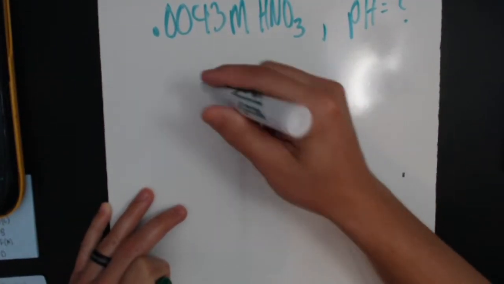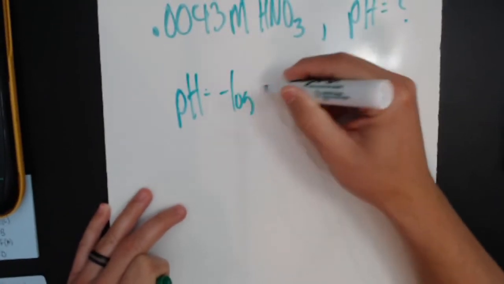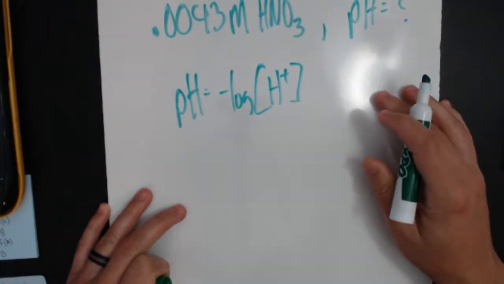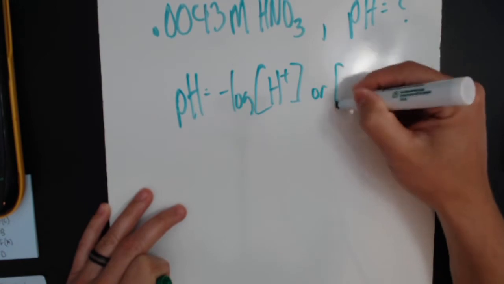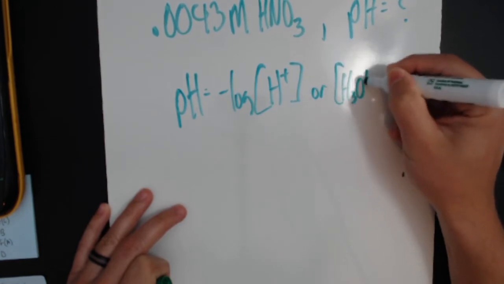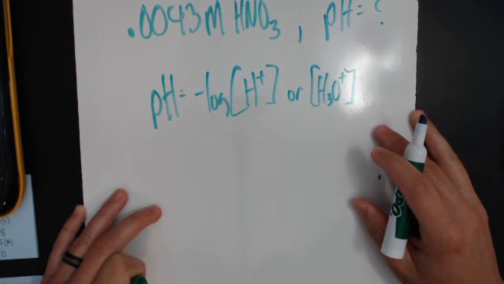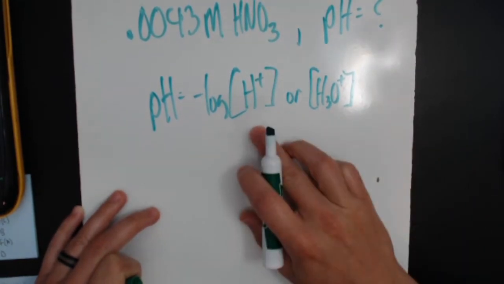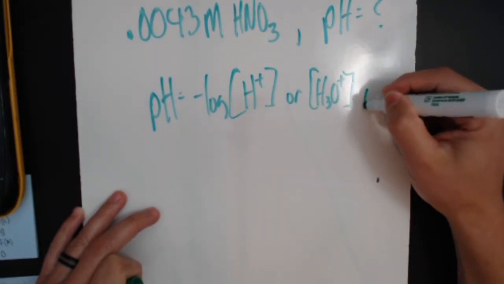We know that pH is equal to the negative log of the hydrogen ion concentration, or the hydronium ion concentration, which can be written as H3O plus as well. Or if we're given a strong acid, strong acids are equivalent to the H plus concentration because they completely dissociate.